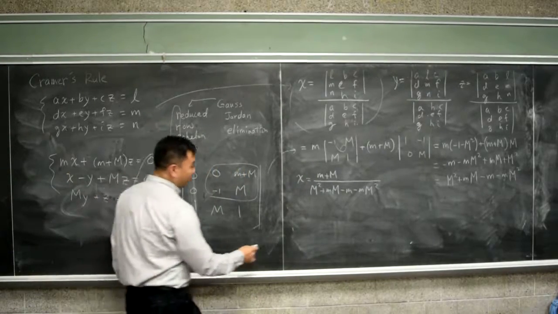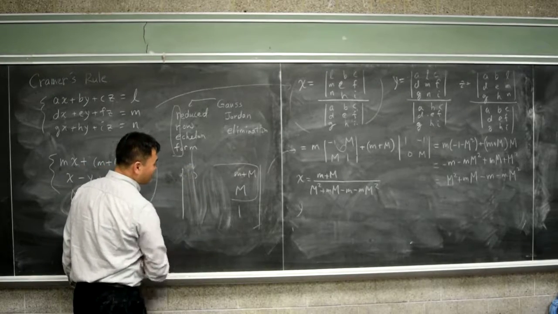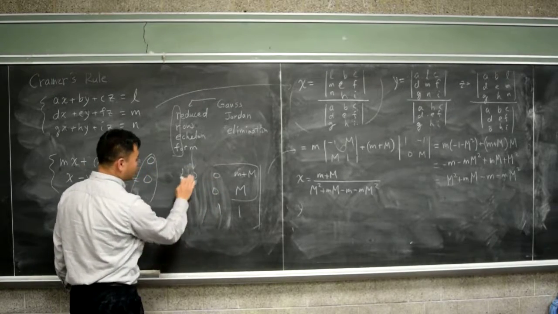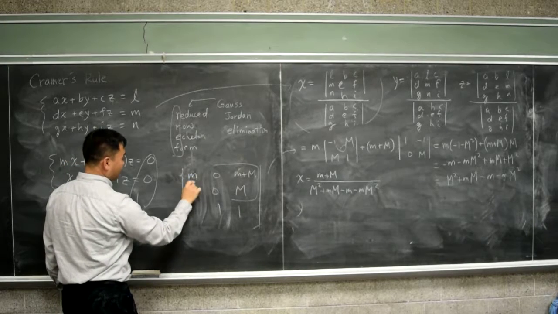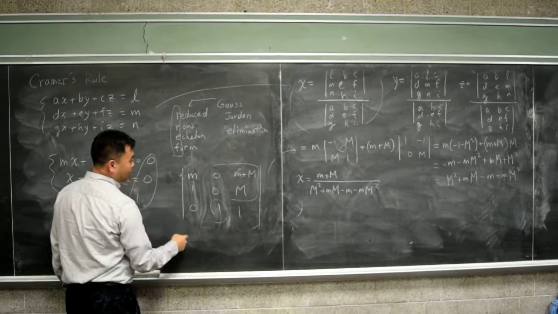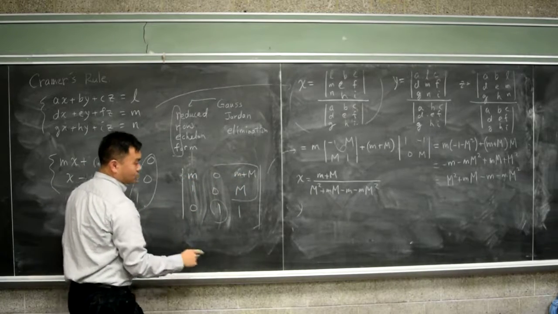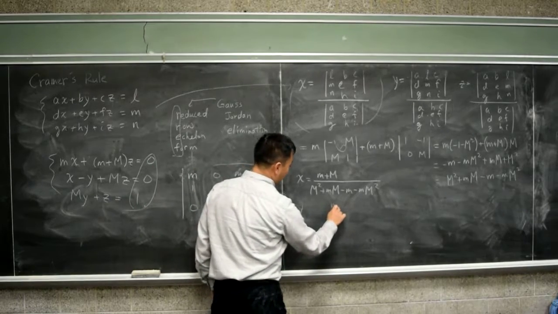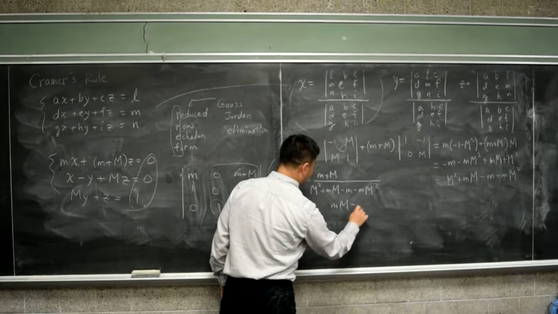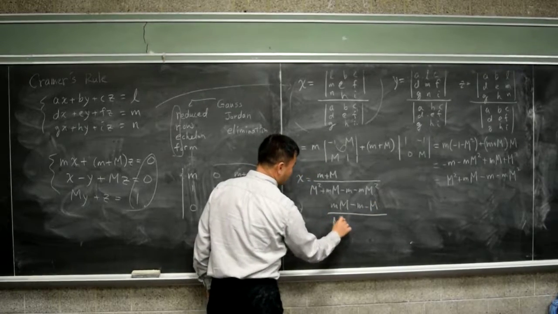How about y? The second column is replaced by 0, 0, 1, and the rest is m, 1, 0. We take this away, and it will be m times m minus m, over the same thing.